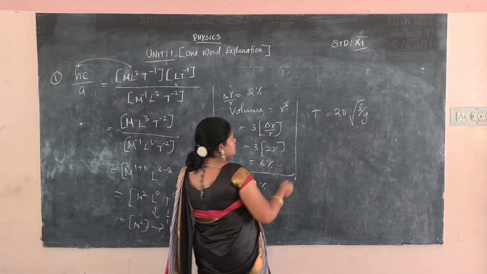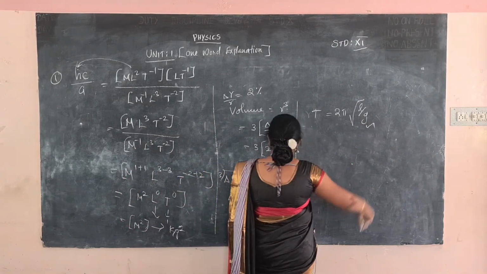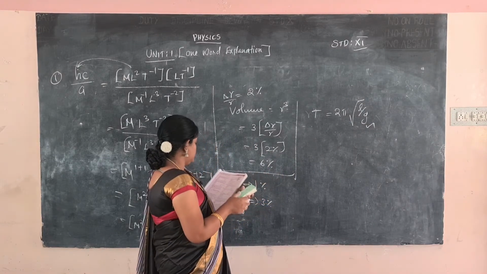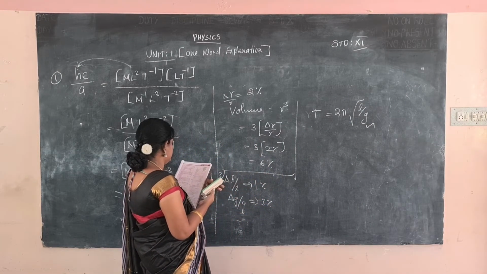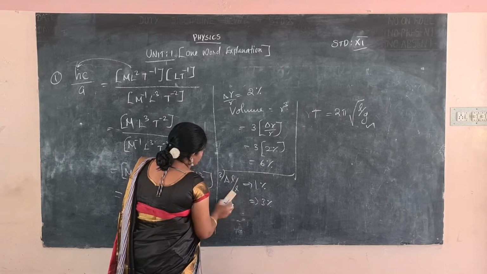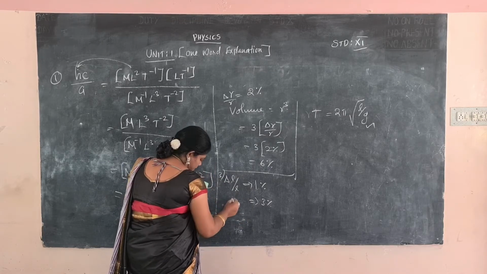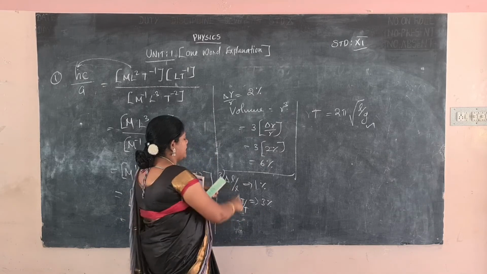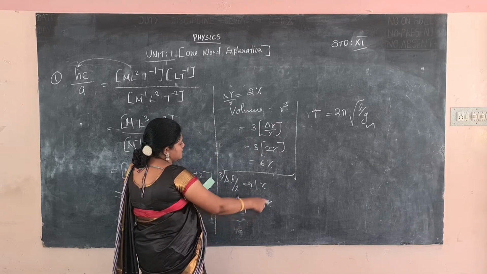Sorry, this is the time period value, not the G value, that is del T by T. So del L by L is 1%, del T by T is 3%.